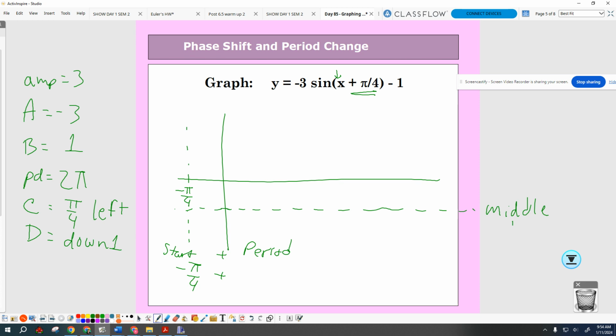What is 2 pi with a common denominator of 4? 8 pi over 4. So 8 pi over 4 minus 1 pi over 4, the end is going to be 7 pi over 4, towards the right. Correct.